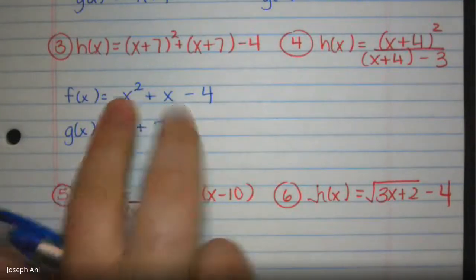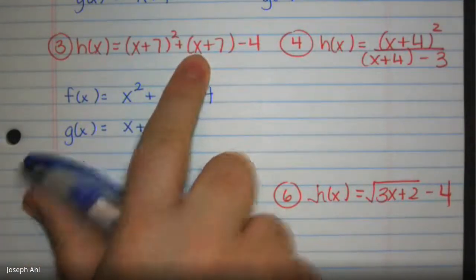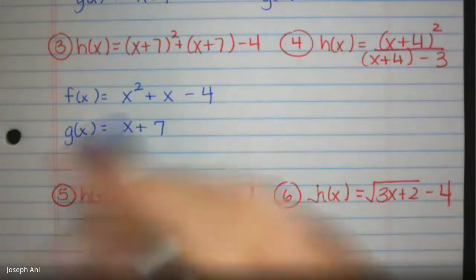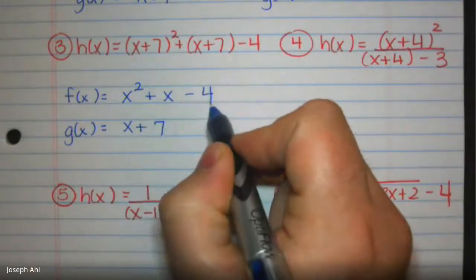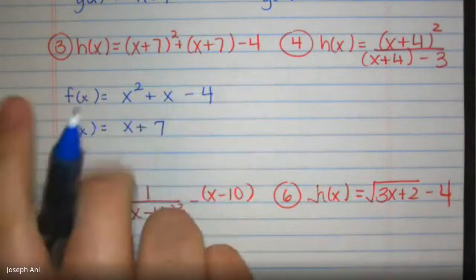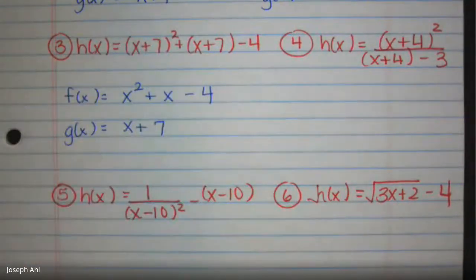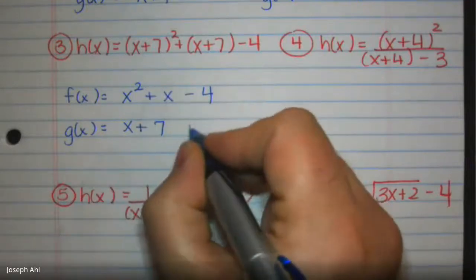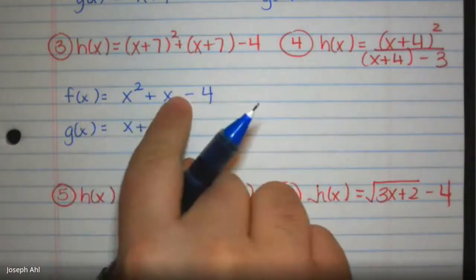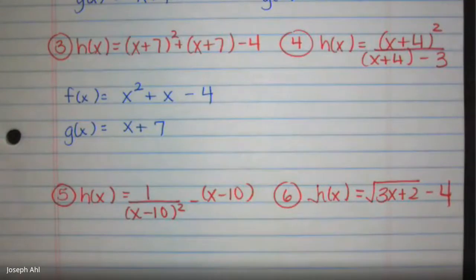And that would match the original h of x function through that composition. We do want to include the -4 there in the function f of x for the parent function. Just double check that if you're missing something, you don't want the -4 down here because then it's going to get plugged in for those x's as well. Double check that composition in your head and see if it makes sense.